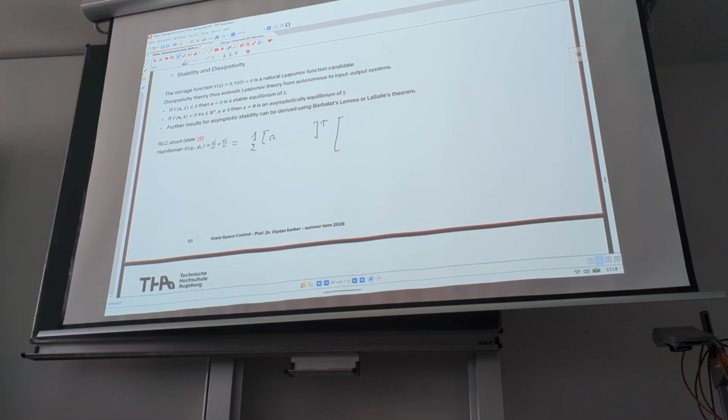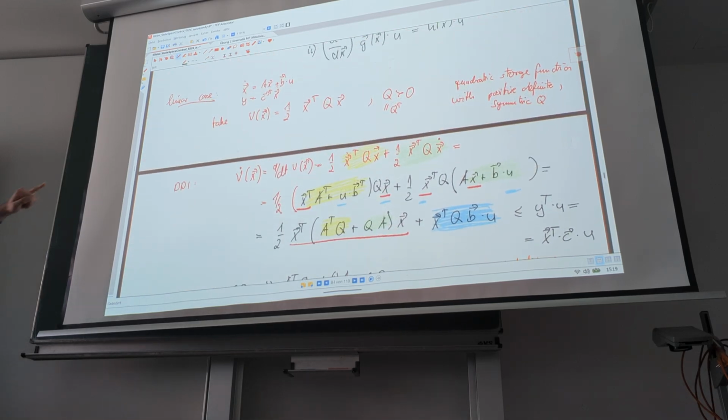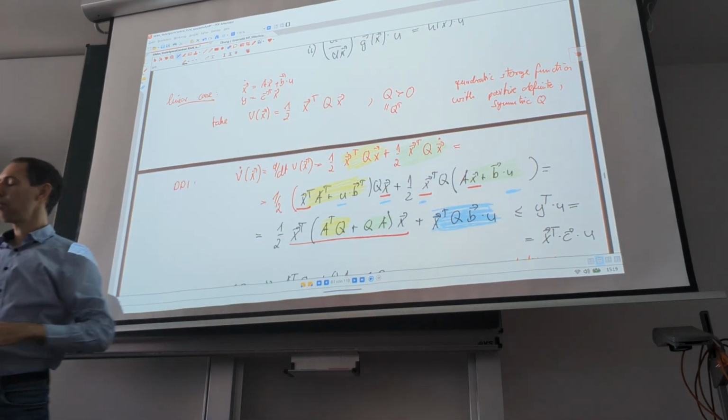I think I did it in the equations like this: phi L, Q C. So this quadratic function can be cast with the matrix 1 over L, 0, 1 over C, as a quadratic function, 1/2 x transpose Q x, right?